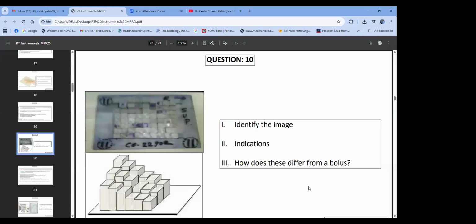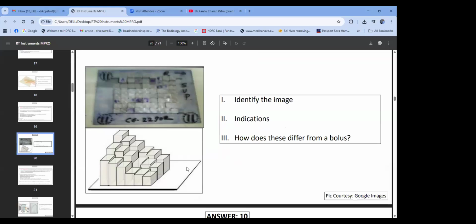So this compensates for missing tissue or contour irregularities so that the prescribed dose is delivered evenly. Tissue compensators are mostly used in head and neck cancers because when we come to the neck portion, there are irregular contours, there is loss of tissue when compared to the head. So this inhomogeneity can be corrected with a tissue compensator.